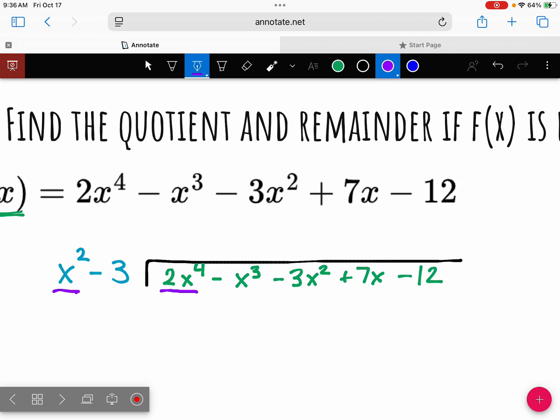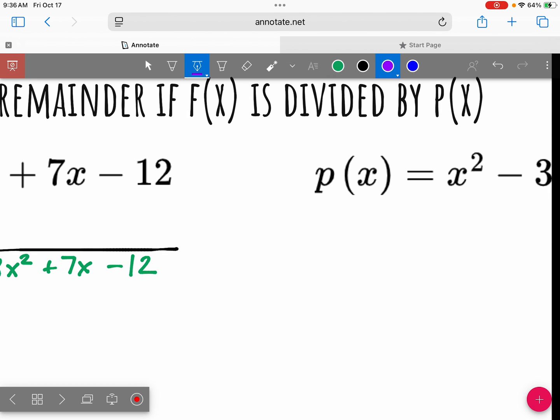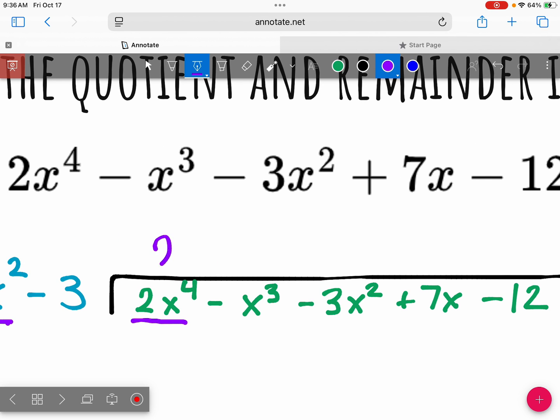That's how we decide what goes up on top. So we're going to have our 2x to the fourth divided by x squared. What are we going to have when we simplify this, looking at just our two first terms? 2x squared. It goes up on top.